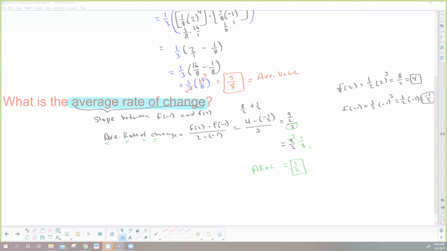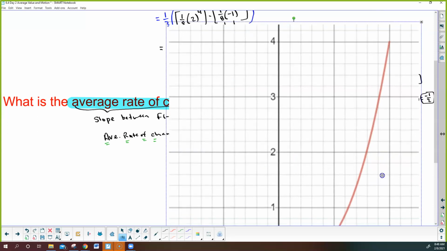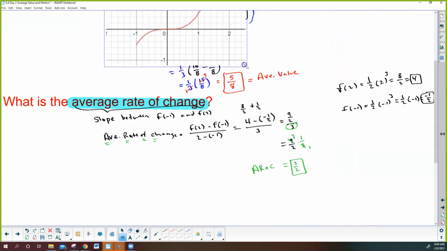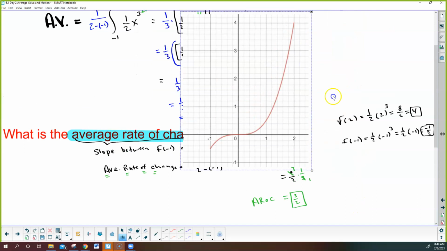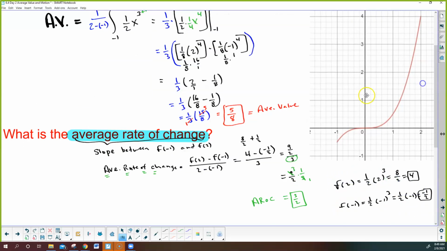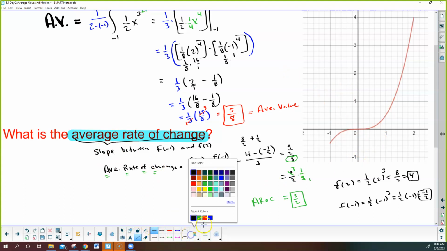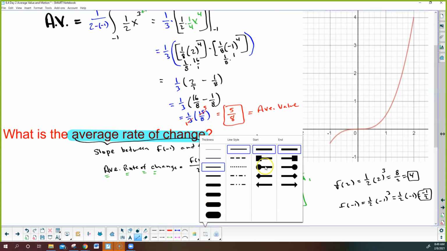All right, let me show you just quick visually what did we do, so you can kind of see the difference on a function. You don't have to write this part. Let's see if I can sneak it in over here. Okay, this part, the average rate of change. Well, what did we just do with that? We just said, what if we took the two endpoints, -1.